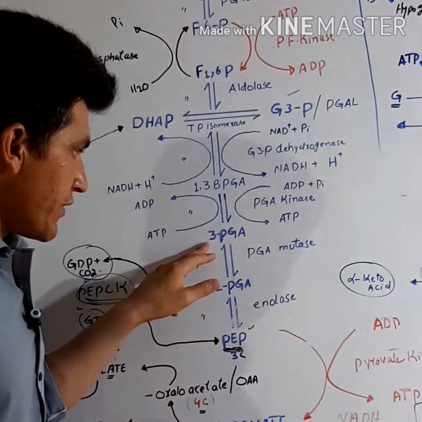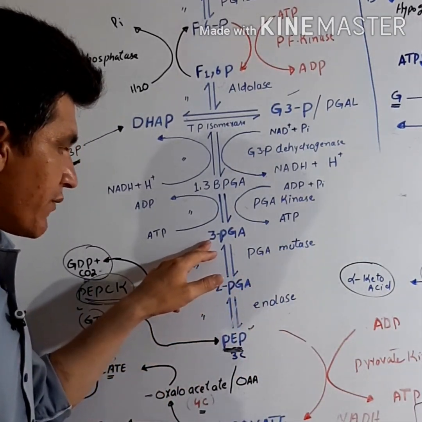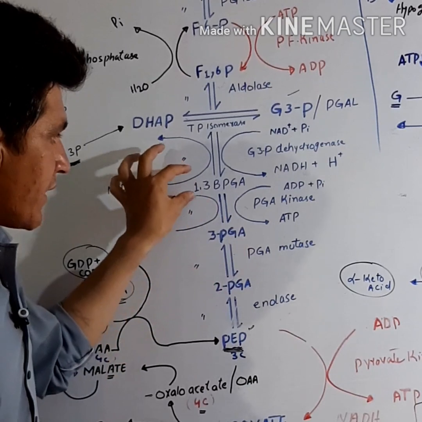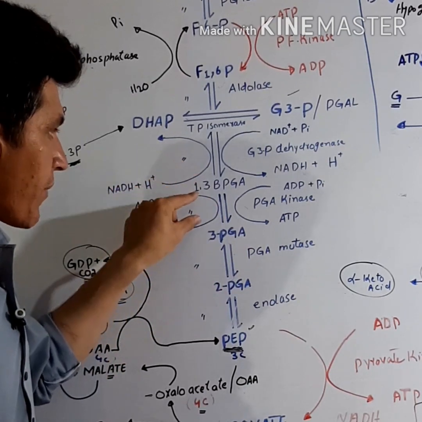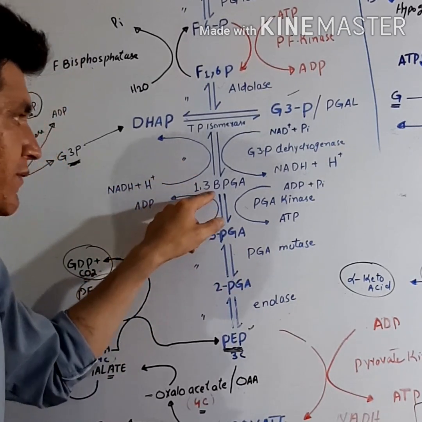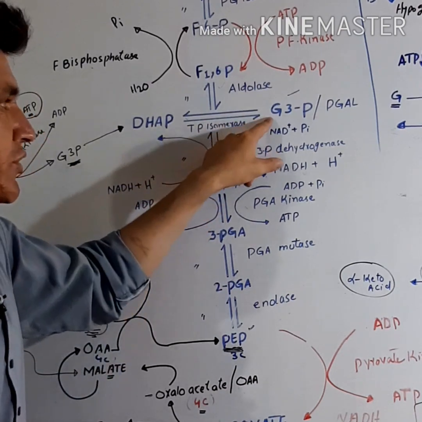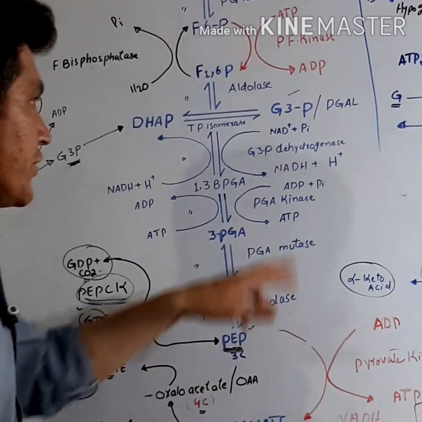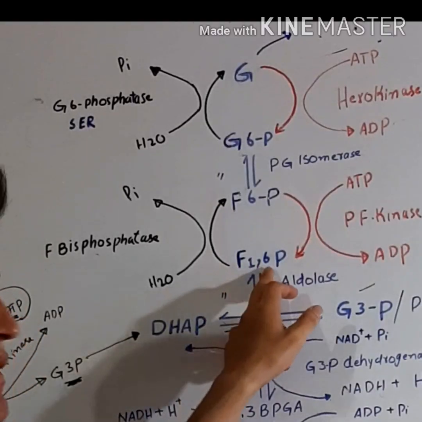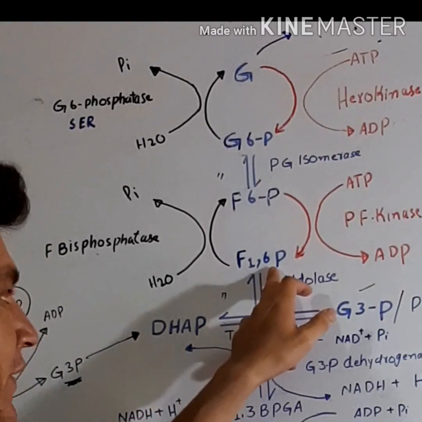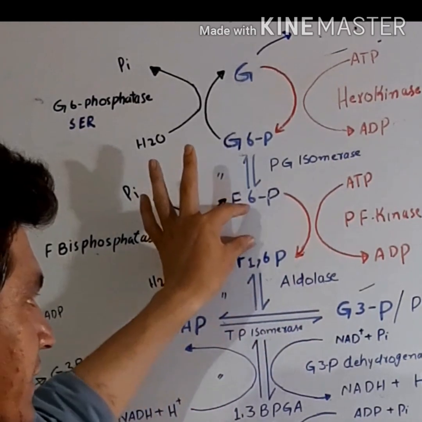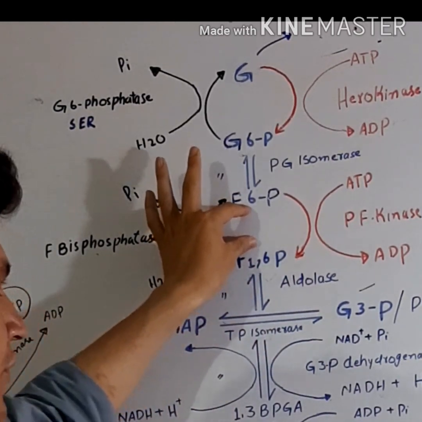which is converted back into 3-phosphoglycerate. It is converted back into 1,3-bisphosphoglycerate, which is converted into G3P, into fructose 1,6-bisphosphate, and this step is also not reversible.